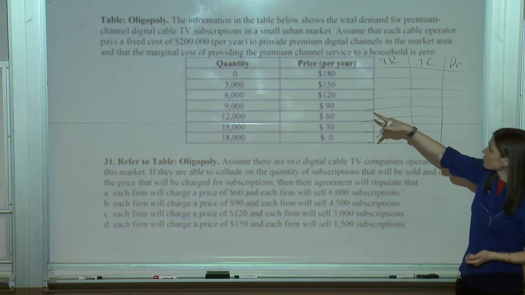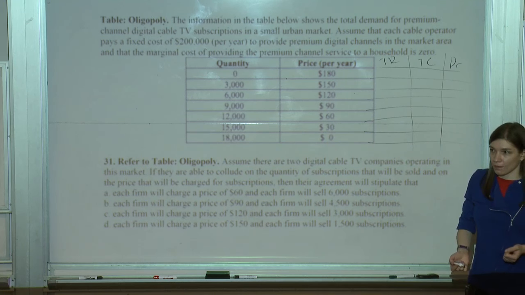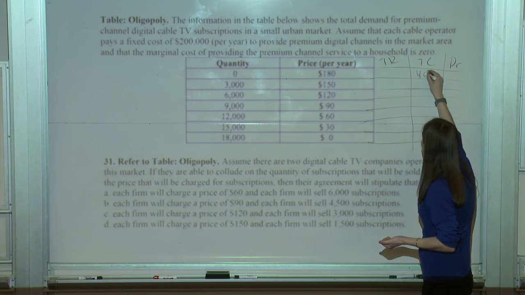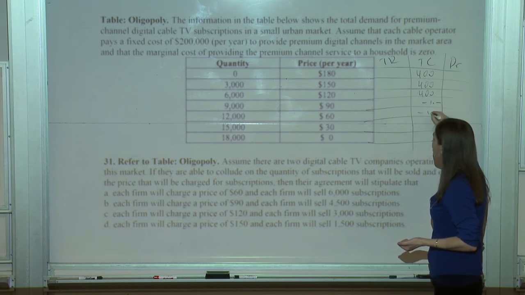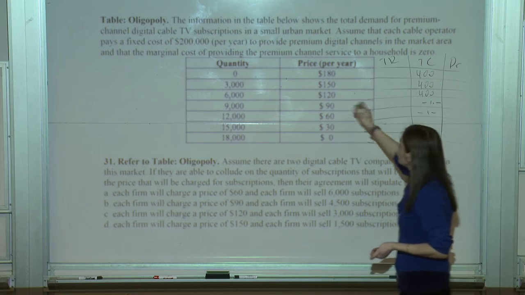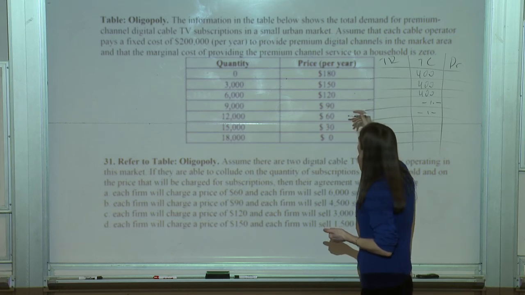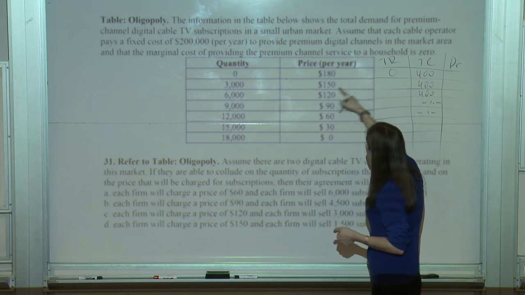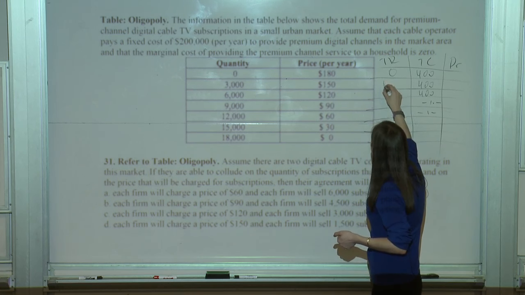And there's two firms, each of them has 200 fixed costs. All right, so the total cost is always going to be 400,000. Right? That's for sure. And then total revenue is quantity times price. Multiply and figure it out. All right, so here total revenue is 0. Here it's, what is it, 450.